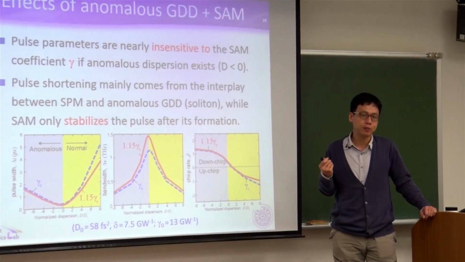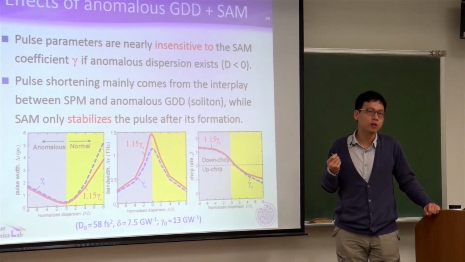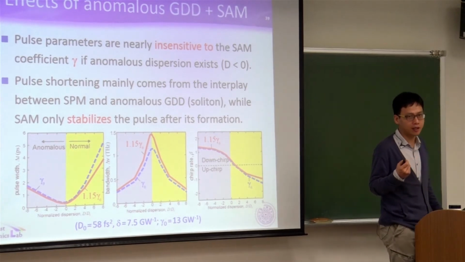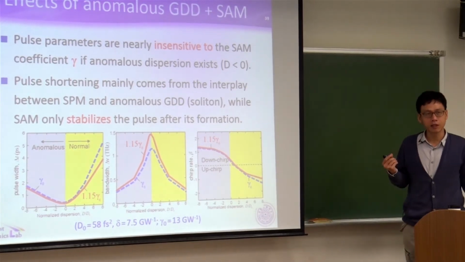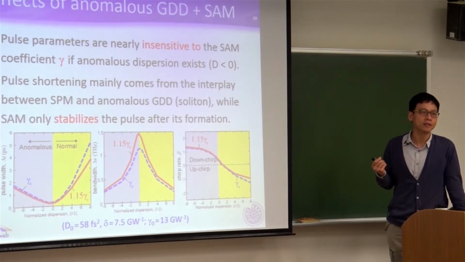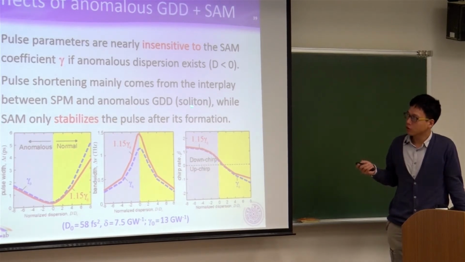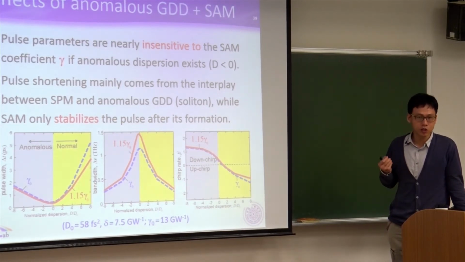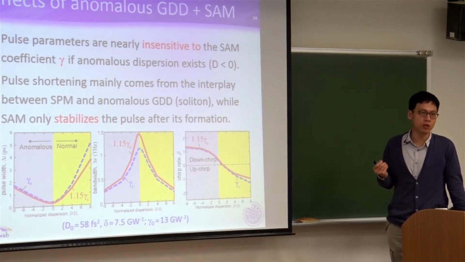If the SPM happens to cancel with anomalous GDD, a pulse can propagate for a very long distance without distortion. It can maintain the shape and propagate for long distance. So it's not only useful in terms of pulse propagation, but also in pulse formation.